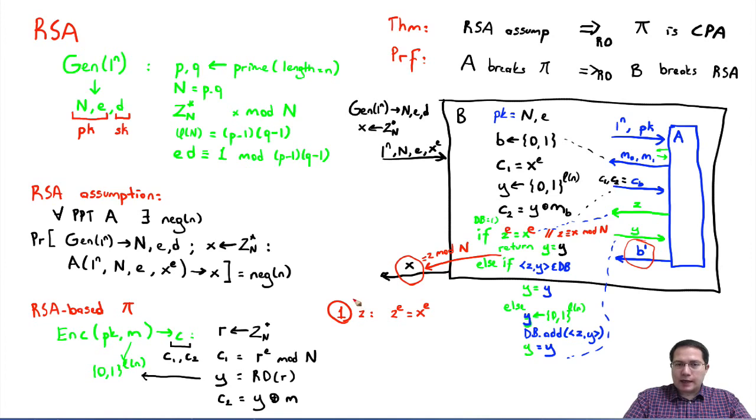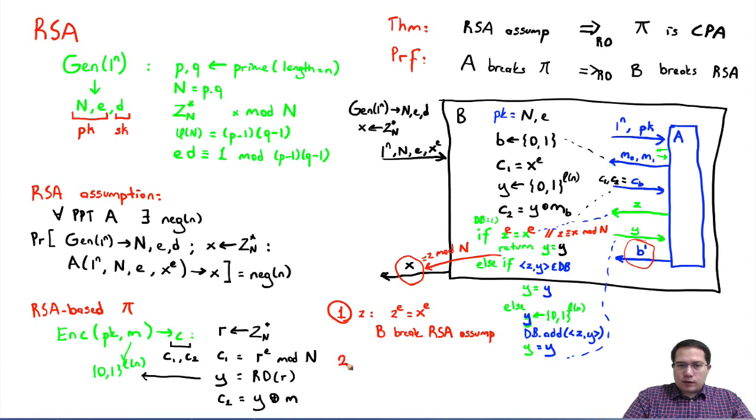So essentially, if the adversary ever queries for such a z, then B manages to break the RSA assumption. So it manages to output the x value that is required for it.